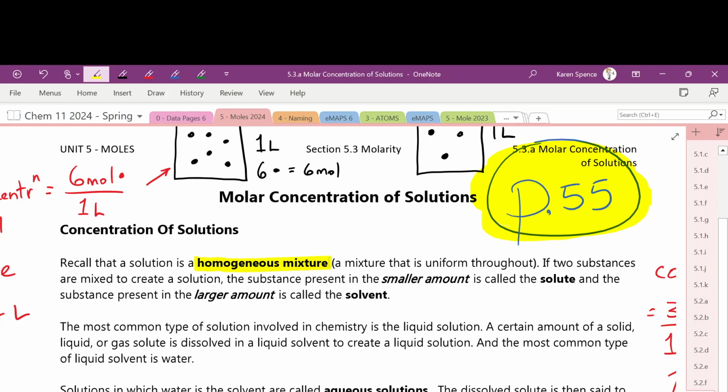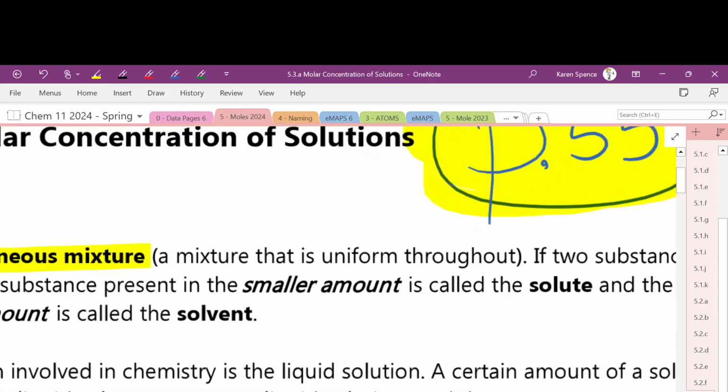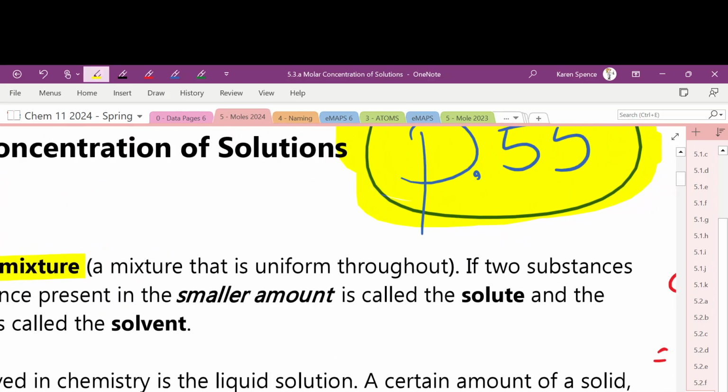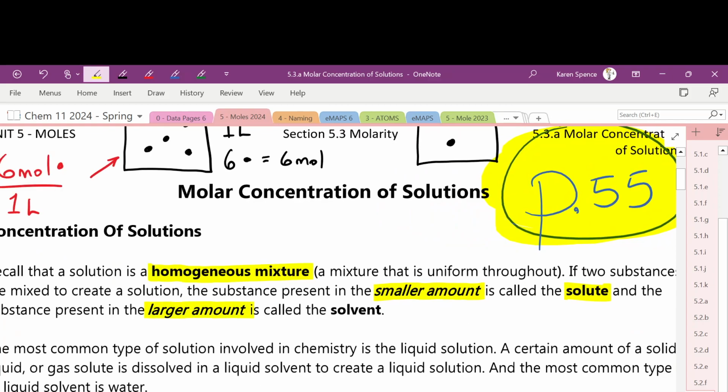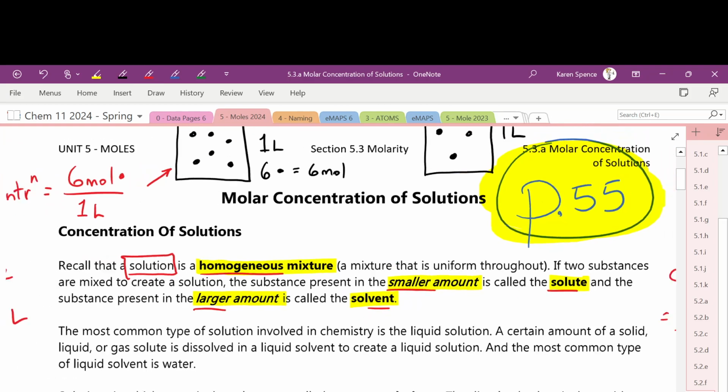All right, and if 2 substances are mixed, the substance that is present in the smaller amount is called the solute, and the substance that is present in the larger amount is called the solvent. Okay, so the larger amount is the solvent, the smaller amount is the solute. And the solution is a homogeneous mixture.